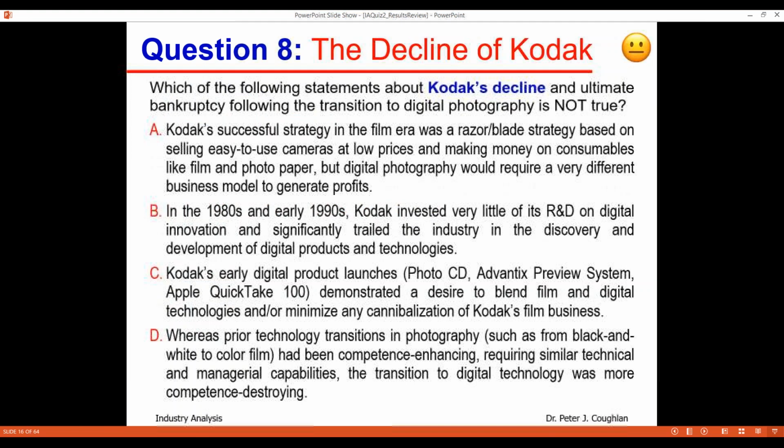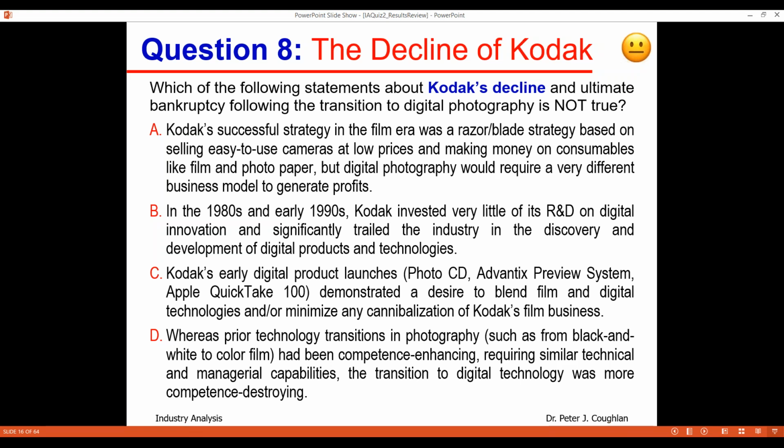All right, question 8, the decline of Kodak. This is a borderline question. It wasn't that challenging, but somewhat challenging. Which of the following statements about Kodak's decline and ultimate bankruptcy following the transition to digital photography is not true? A, Kodak's successful strategy in the film era was a razor blade strategy. Yes, cheap razors, expensive blades: a strategy based on selling easy-to-use cameras at low prices and making money on consumables like film and photo paper.